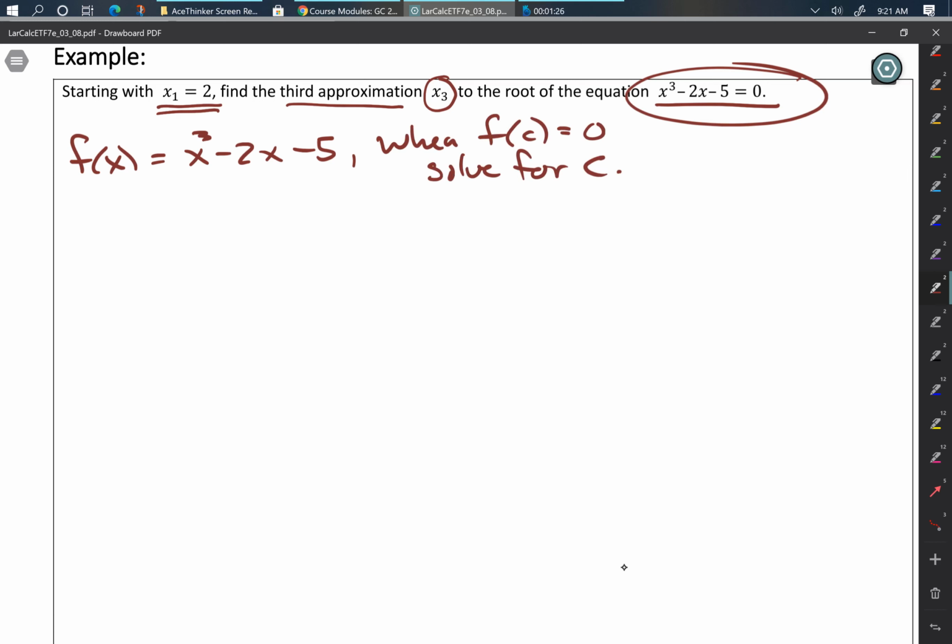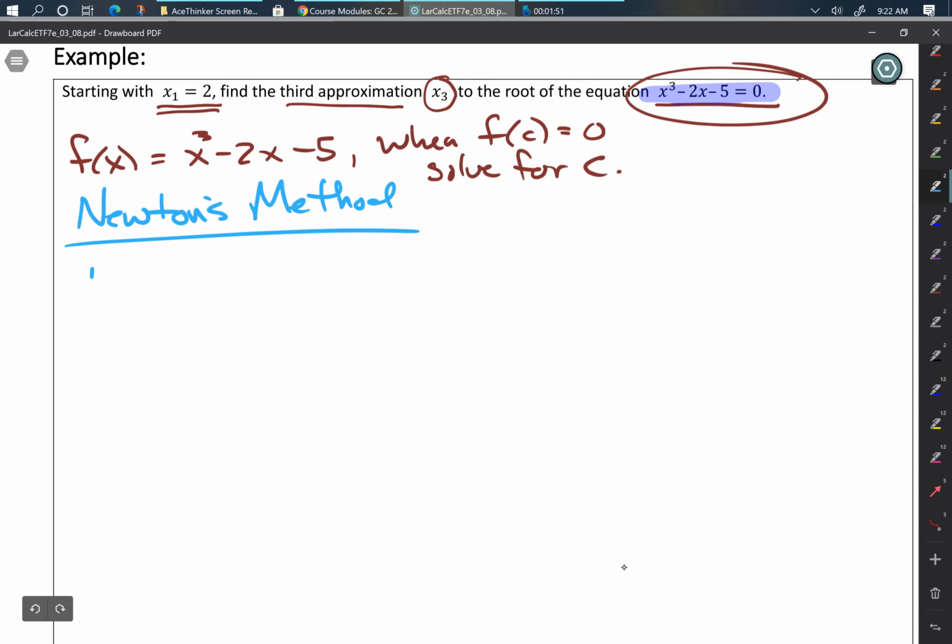But I can't, because algebra fails me. I don't know of any convenient way to solve a cubic equation by hand, right? And since I can't solve it by hand, I'm going to use an approximation technique. The approximation technique that I'm going to use is Newton's method. Newton's method says start somewhere.